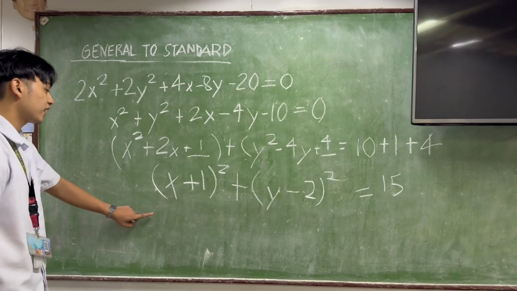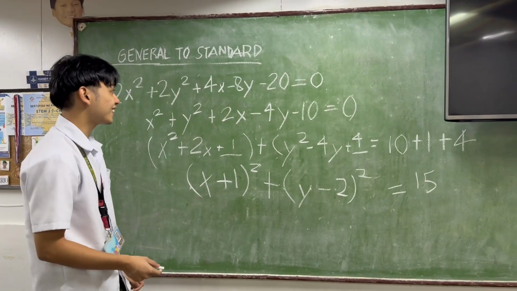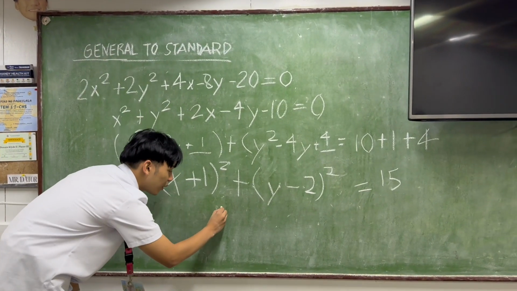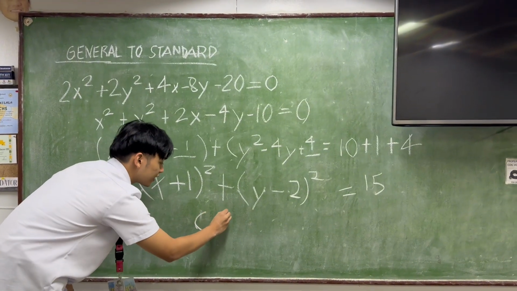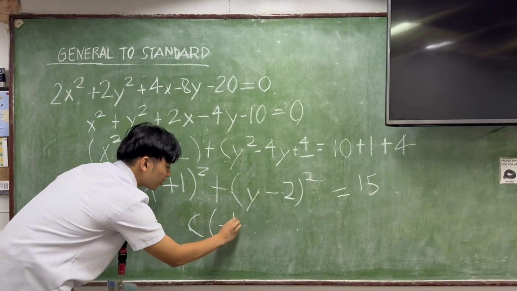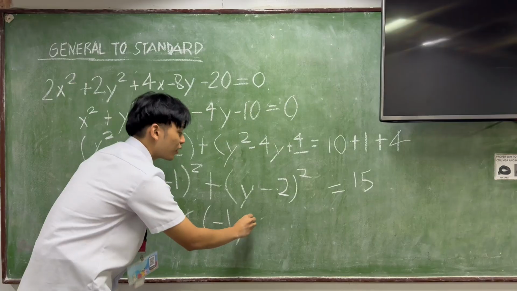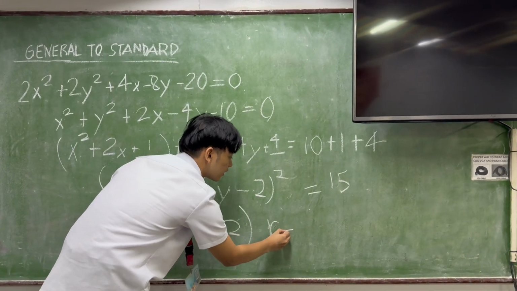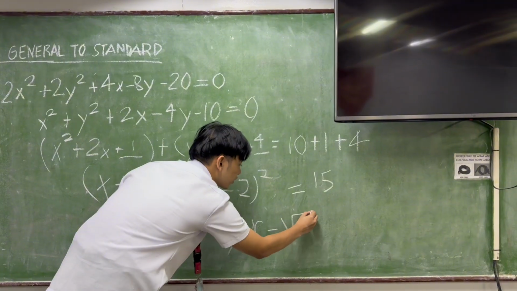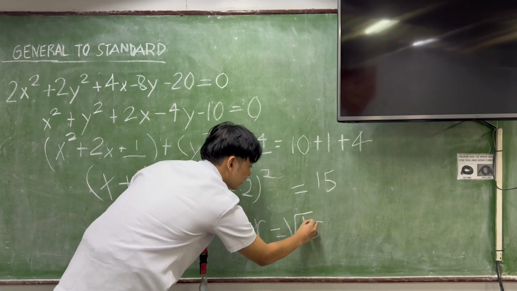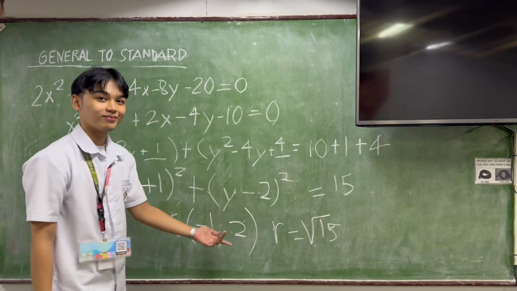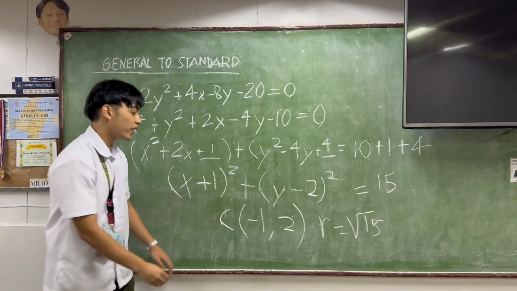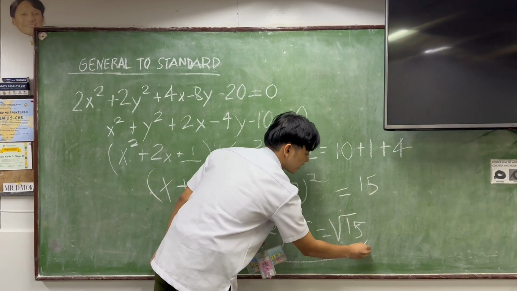The next is the standard equation. Our C, which is the center, is negative 1 and positive 2. Then our radius would be the square root of 15. So this is our final answer.